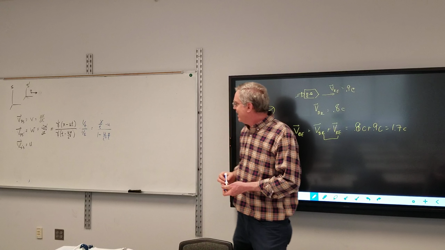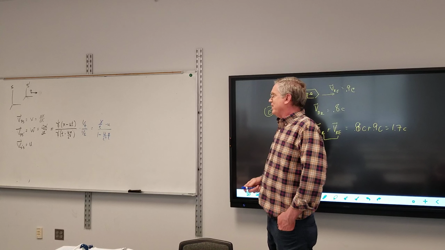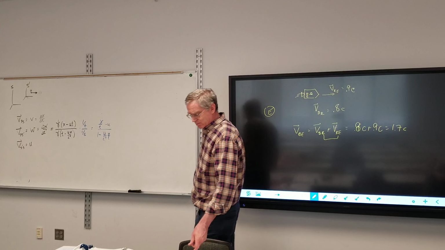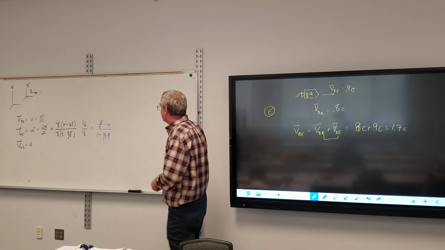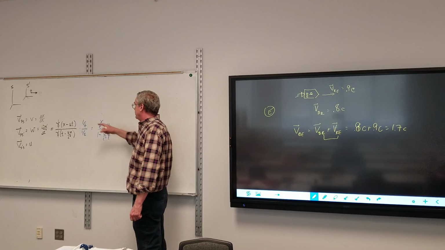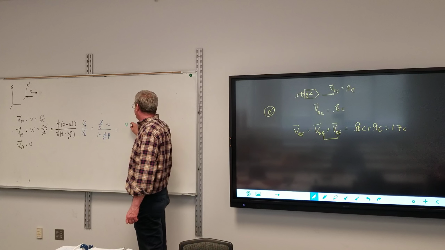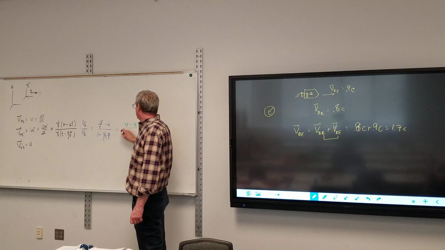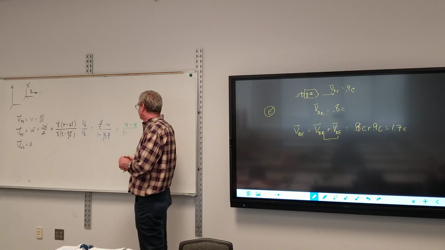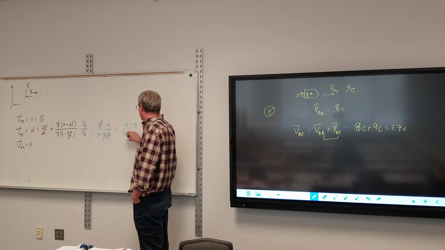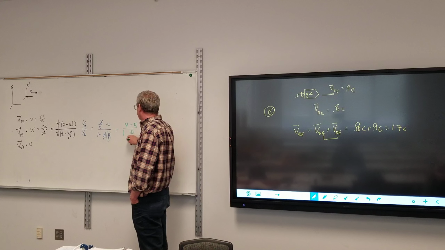Well, x over t, that's how fast the particle is going relative to S, which I've labeled here as v. So that's v minus u divided by 1 minus, well, I've got x over t again, so that's just v, so that's uv over c squared.